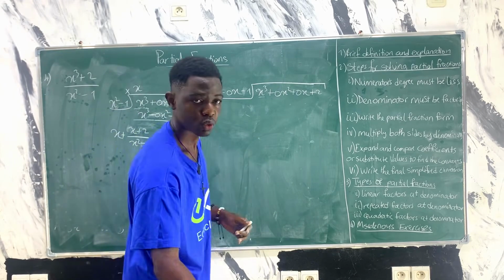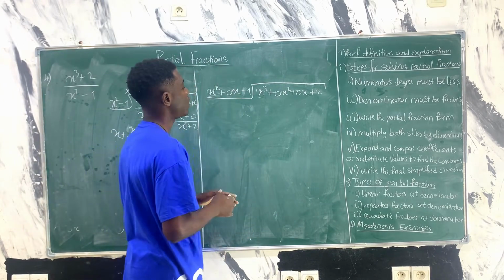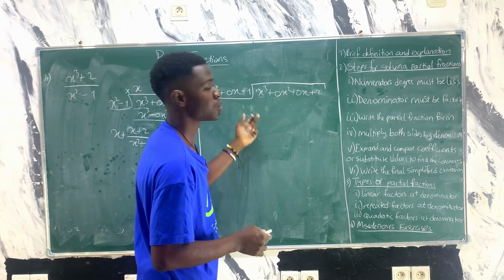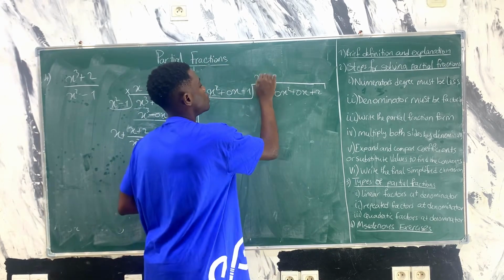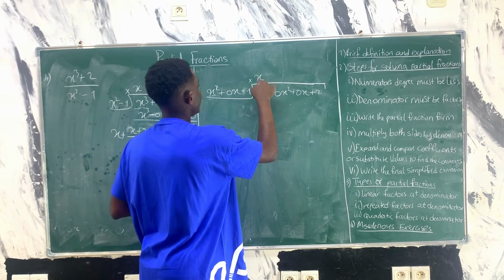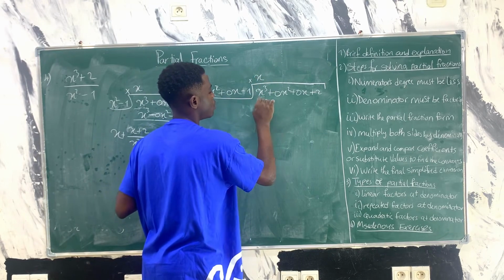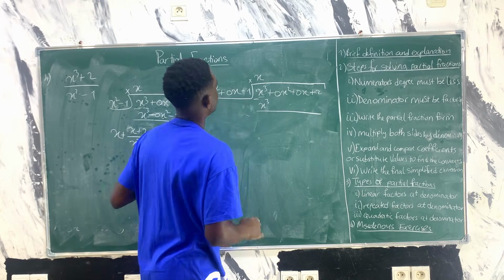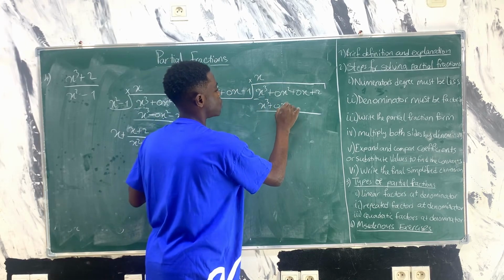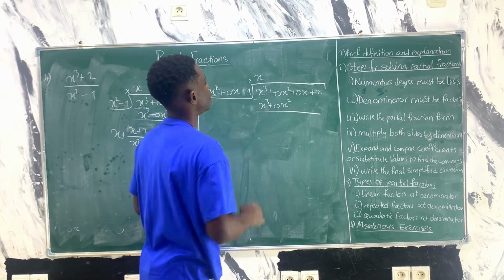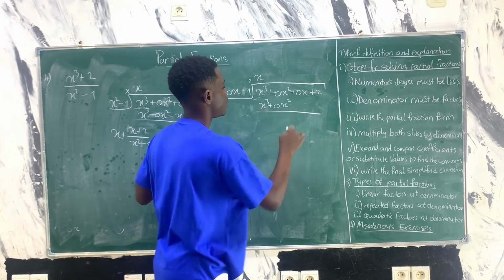You find that value, multiply by this, you have this, because later when you have to subtract, you want to have 0 here. It is x cubed. I put my minus, plus 0x squared. x times minus 1 is minus x.